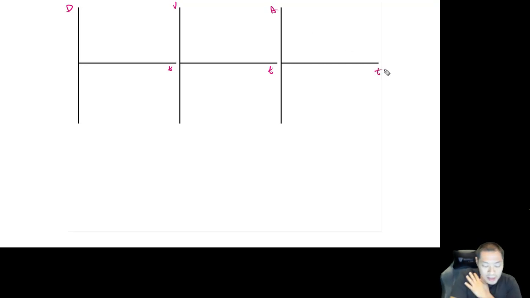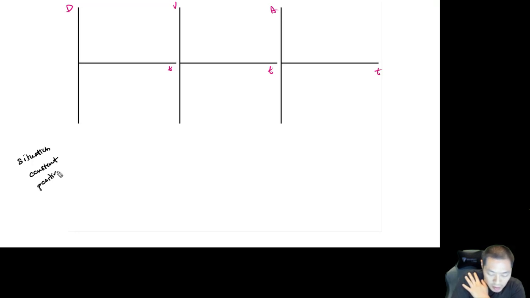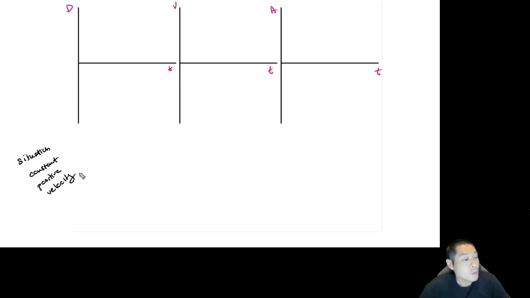Let's say the situation this time is constant positive velocity.